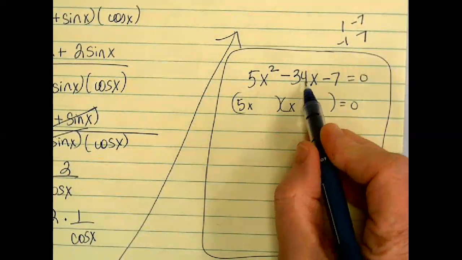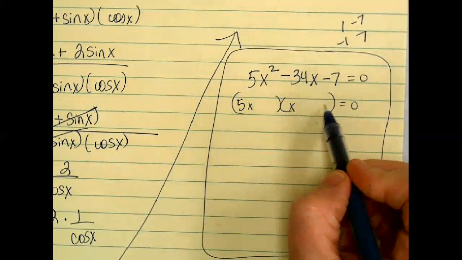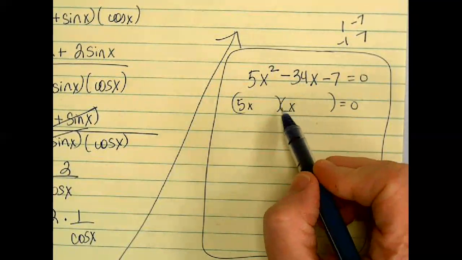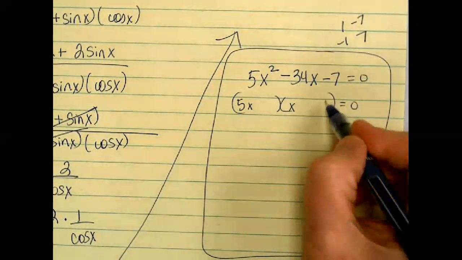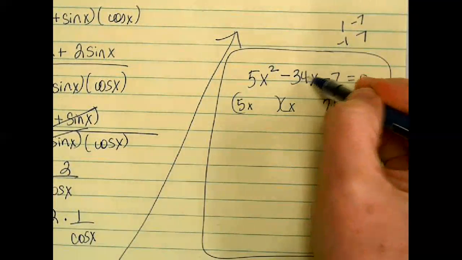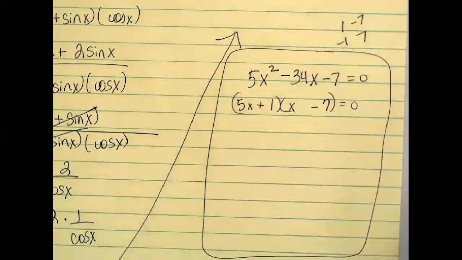And we probably need it because it's a 34 in the middle. If you place the 1 here, 1 times 5 is 5, and then you'd have the 7 here, and that'd be 7 and 5, and that'd be 12, and that's not close enough. So I'm going to put the 7 here. And the 34 is negative, so I'm probably going to want the 35 to be negative. And then that gives me a +1 in the middle.